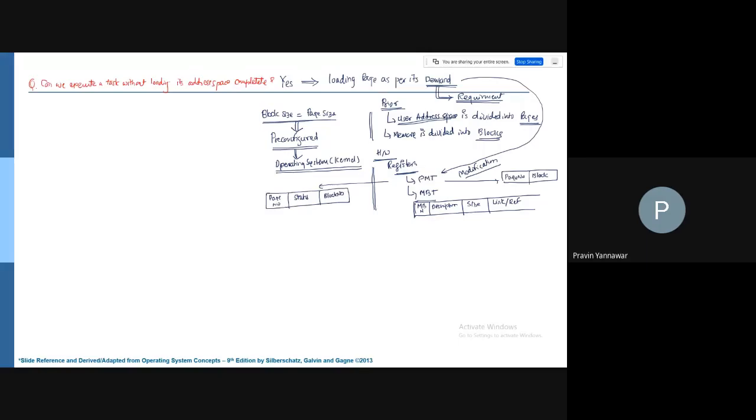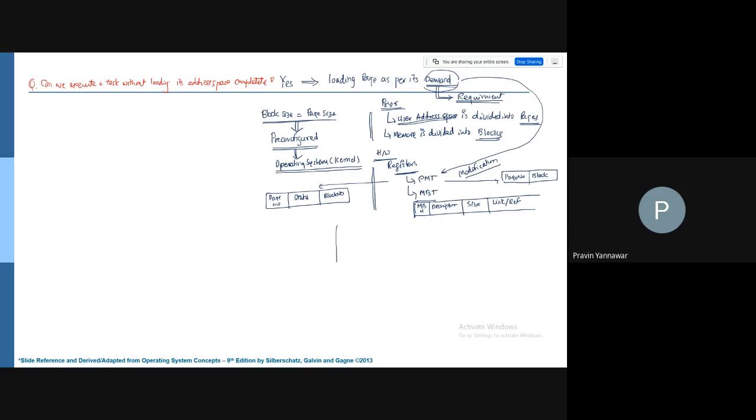But when the pages are loaded as per the demand, this word demand gives us another perception: when the demand comes, the movement of pages is going to happen.